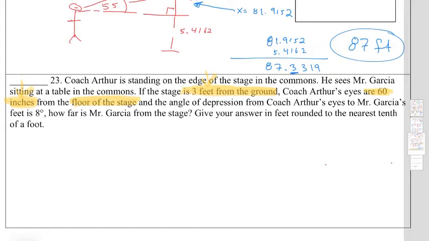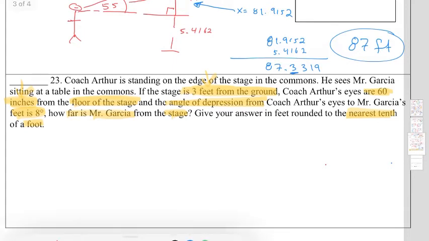And it says the angle of depression, so that means looking down, from Coach Arthur's eye to Mr. Garcia's is 8 degrees. And we want to know how far Mr. Garcia is from the stage. And lastly, it says round your answer to the nearest tenth of a foot, so that means 1 decimal place.